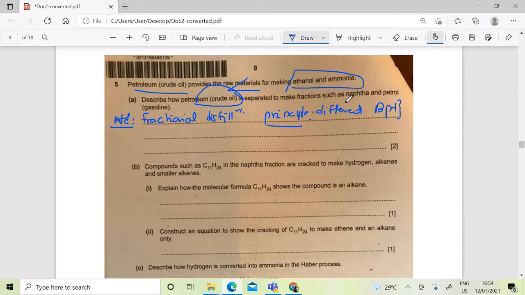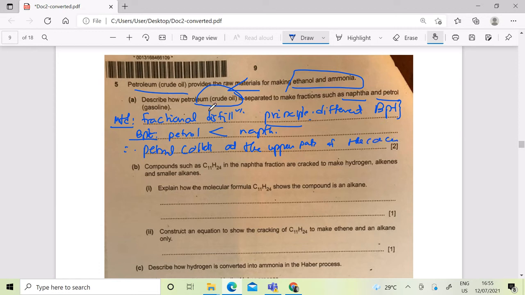Sometimes that is enough to get 2 marks, but we can still explain what is the process. So if you consider the naphtha and petrol, the boiling point of petrol, as you know, and you should know this process, is very much lower than naphtha fraction. Therefore, petrol collects at the upper part of the column.